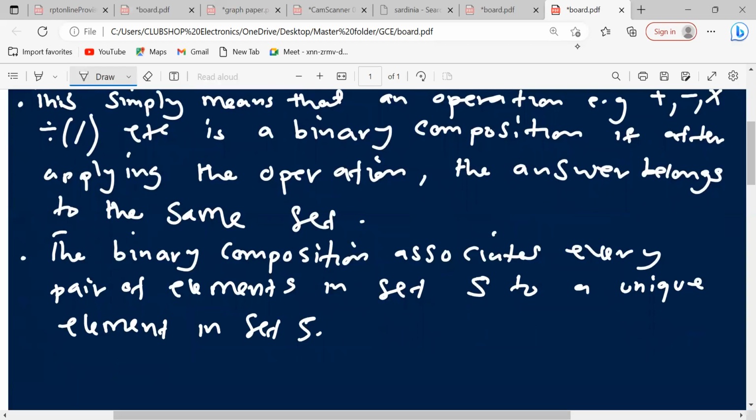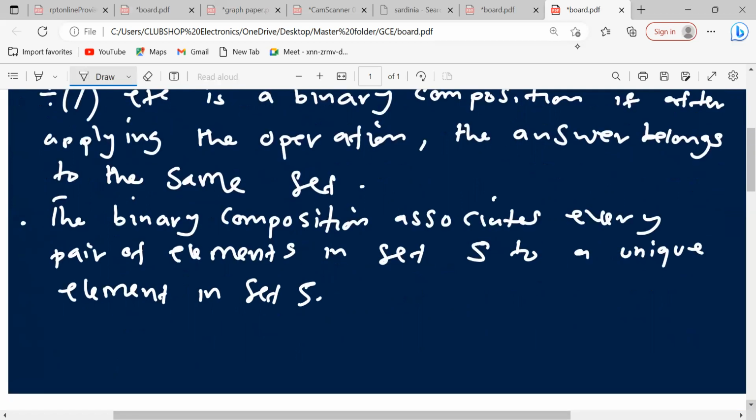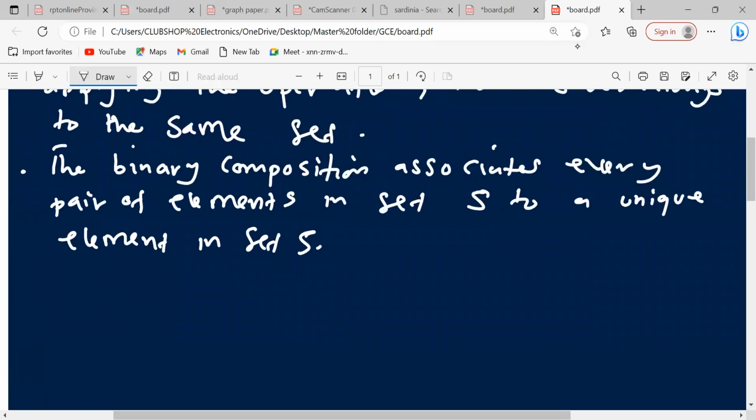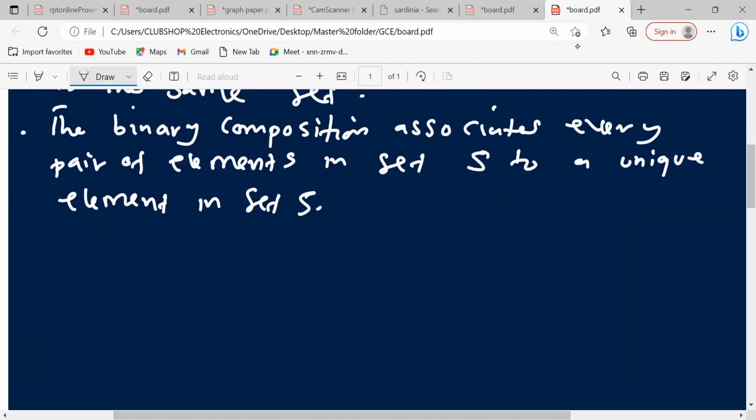So it is a binary operation, or composition, if when you apply some operation, the answer that you are going to get is still within the set. That is called a binary composition. Now, to understand this concept, maybe look at some examples and counter examples.